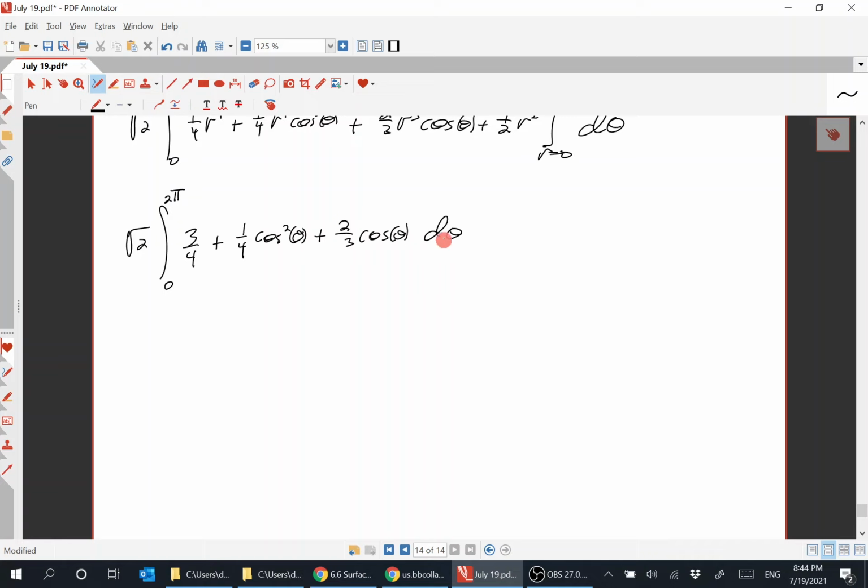So for the integral in theta, first I have to use a double angle formula to get rid of the cosine squared. So 3/4 plus 1/8 (1 plus cosine 2 theta) plus 2/3 cosine theta d theta.